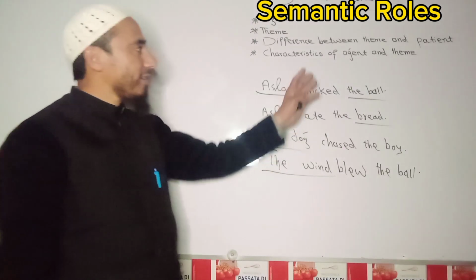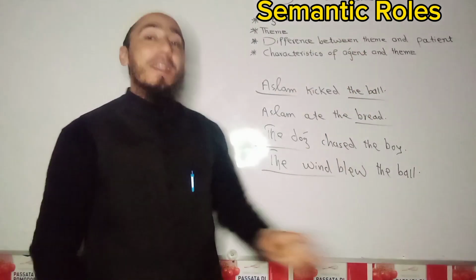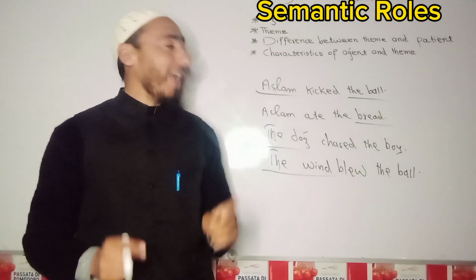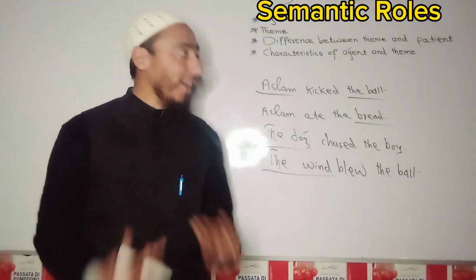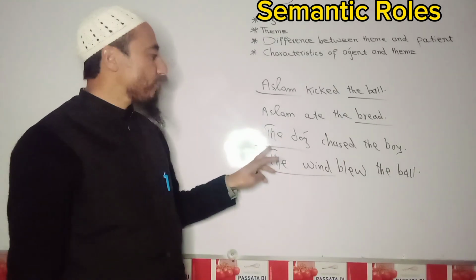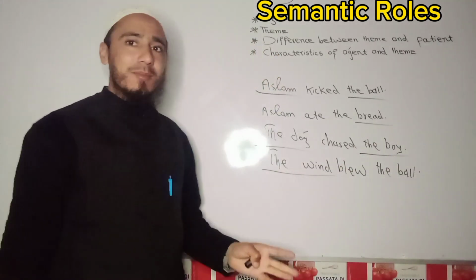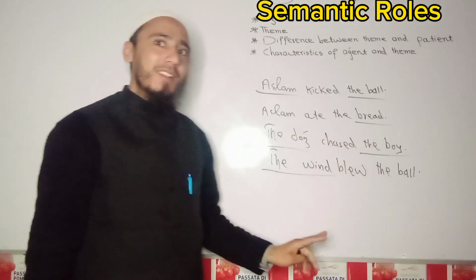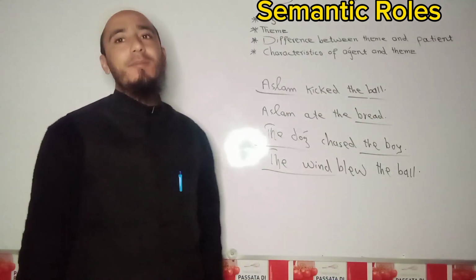On the other hand, generally or typically, theme can be non-human, any other creature, or non-living thing. However, it can also be a human being. For example, in the dog chased the boy, here the boy is the theme, and it is a human being, but mostly they are non-living things like the ball.